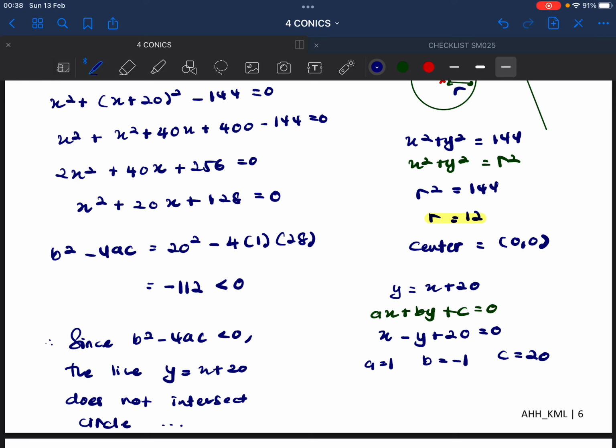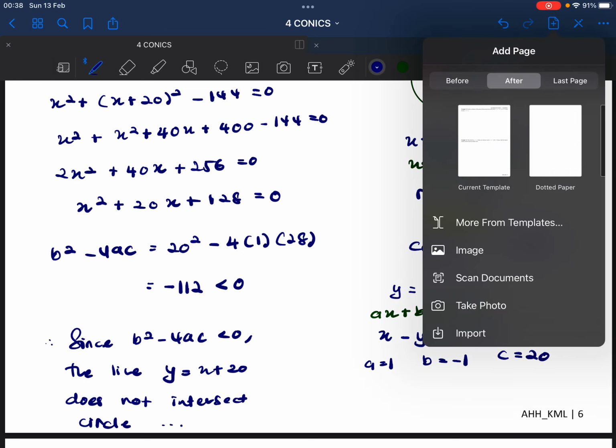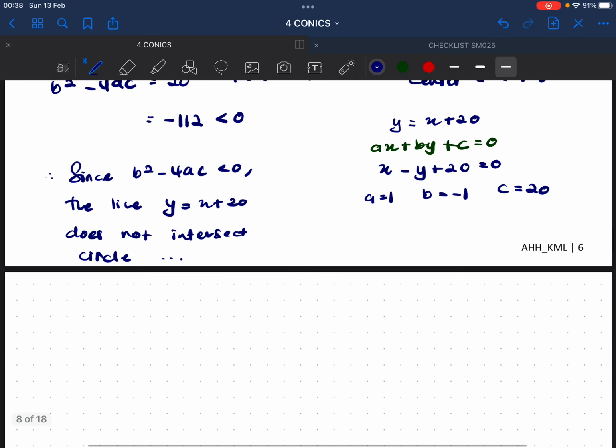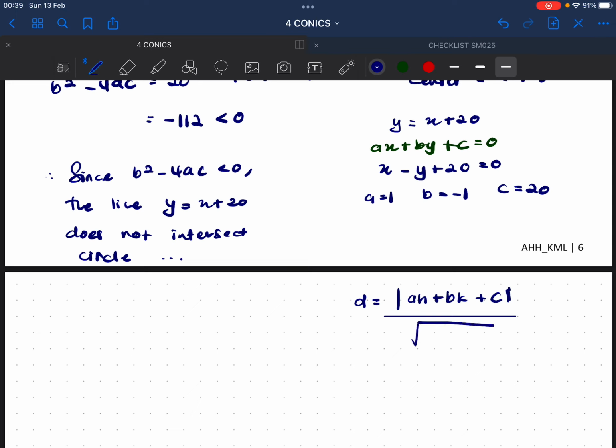Now you are going to substitute into the d formula, which is d equals modulus of ah plus bk plus c over square root of a squared plus b squared.